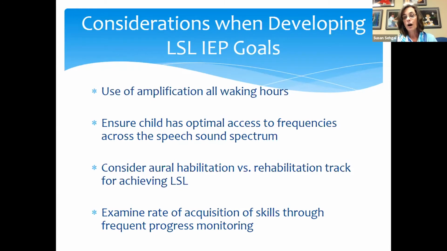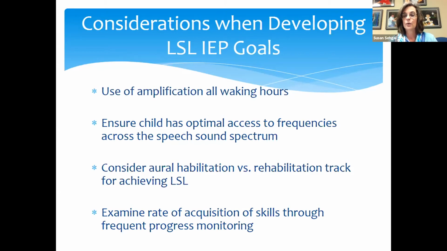Children on the oral habilitation track are developing skills in synchrony, similar in rate and fashion to their typical hearing peers, but need some intervention. We expect them to close the gap between their language age and their chronological age so that their spoken language skills will be commensurate with their typical hearing peers.